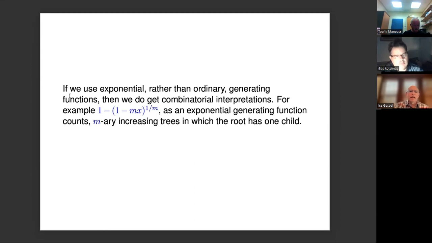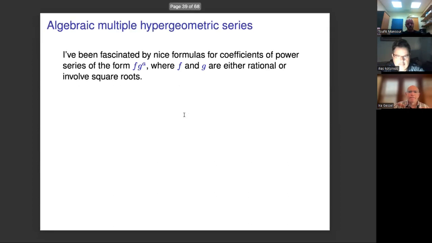So for example, if I renormalize slightly, if you look at 1 minus mx to the 1 over m, if we look at this as an exponential generating function, it counts m-ary increasing trees in which the root has one child. And similarly for all of those other things, as exponential generating functions, we have fairly simple combinatorial interpretations. So it's possible that looking at them might give combinatorial interpretations for the ordinary generating functions, but I don't know of any way of doing that.